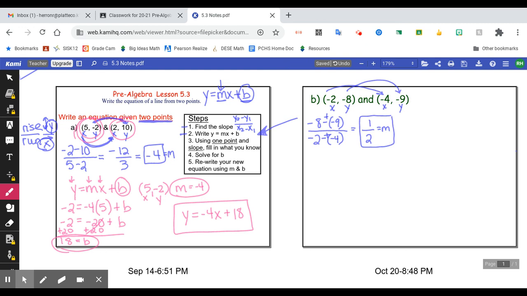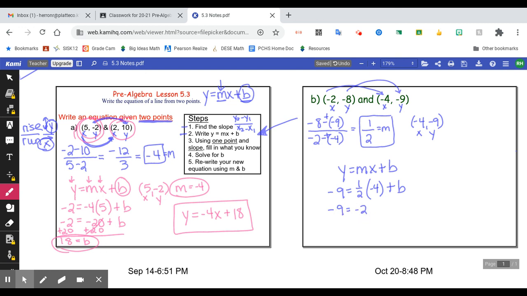Now again, here it is. We've got a point, and I'm just going to pick the second one this time. So (-4, -9), because I can pick any one I want. This is my x, this is my y, there's my m. Let's plug it into what we have. So my y is -9, m is 1/2, x is -4, plus b. -9 drops.